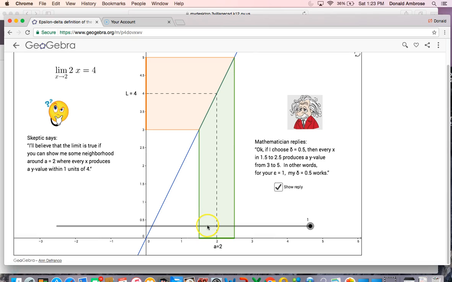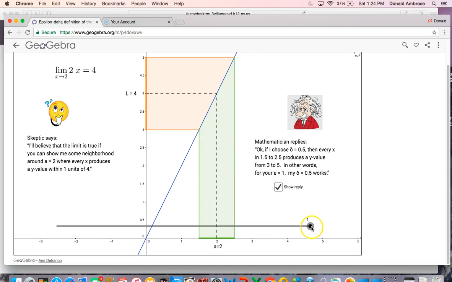And in order to make sure we're in that range, as Mr. Einstein says here, if we choose delta to be 0.5, if we go down to x equals 1.5 or x equals 2.5, within that interval, we definitely get values that if we take 2x and subtract it from 4, we are within 1 of the limit of 4.